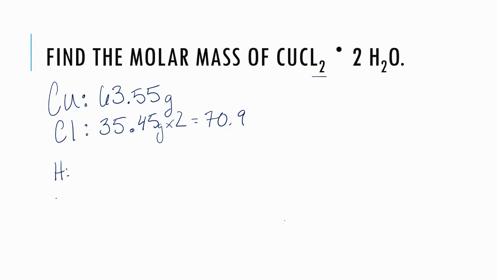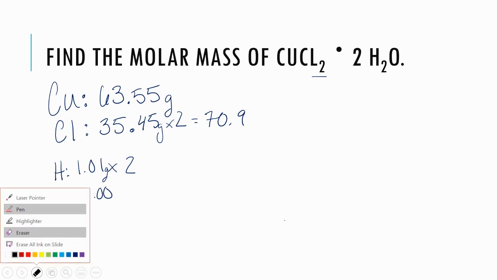So I'm going to go ahead and just do each atom like we're used to. Right, so water: 1.01 times 2 for the hydrogen, and then I have 16, just one of those for the oxygen.